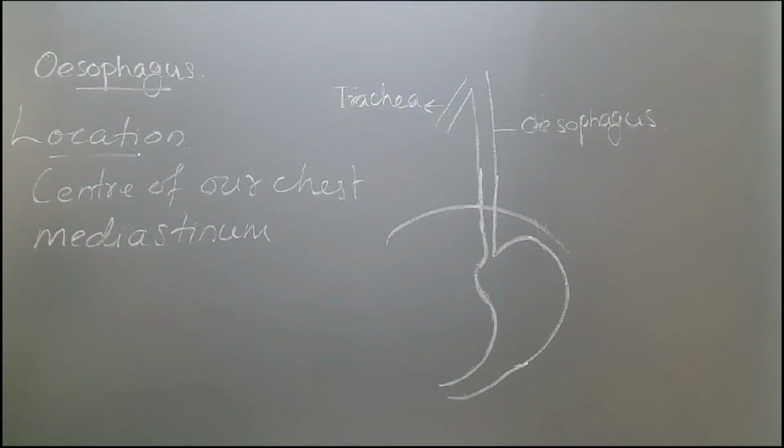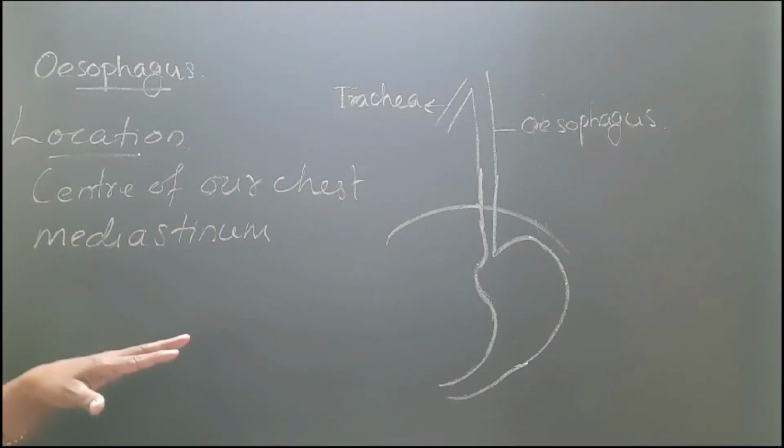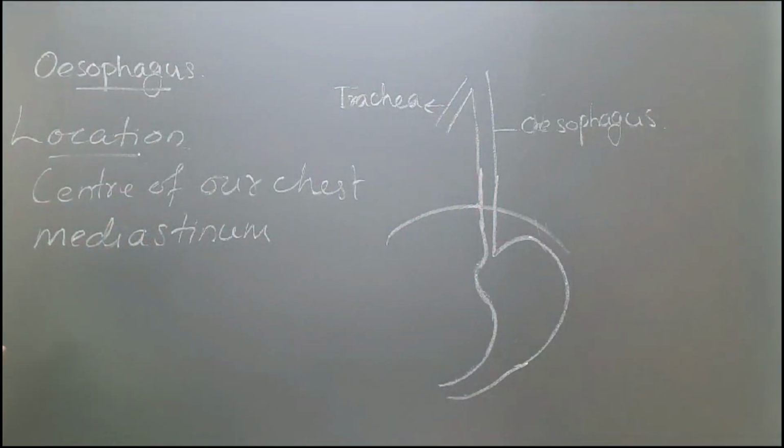So where is the esophagus? It is in the center of our chest, the area called the mediastinum, behind the trachea and in front of the spinal cord.